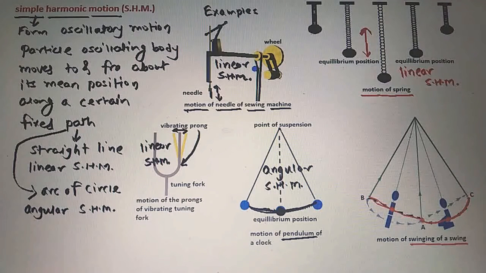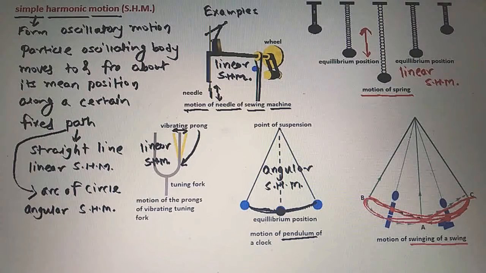We are considering A as the mean position, and the swing swings to and fro about it along a certain fixed path, which is an arc of a circle.